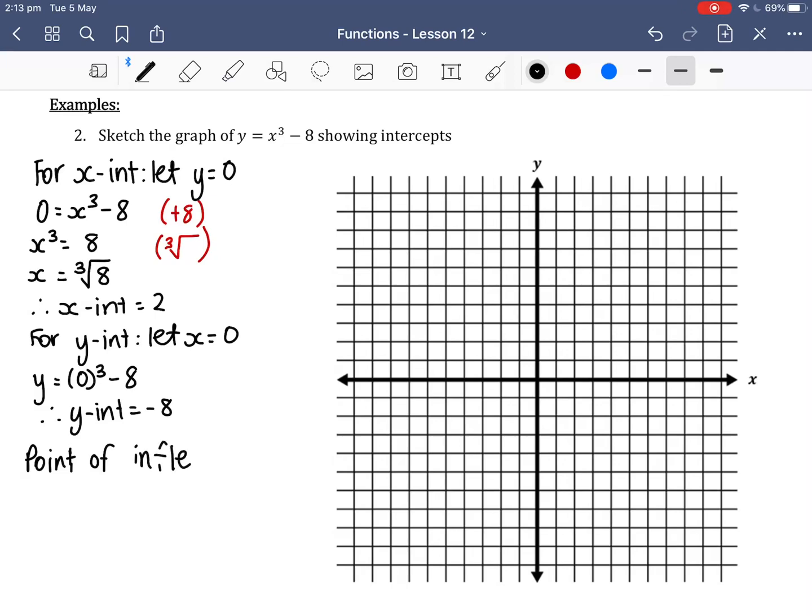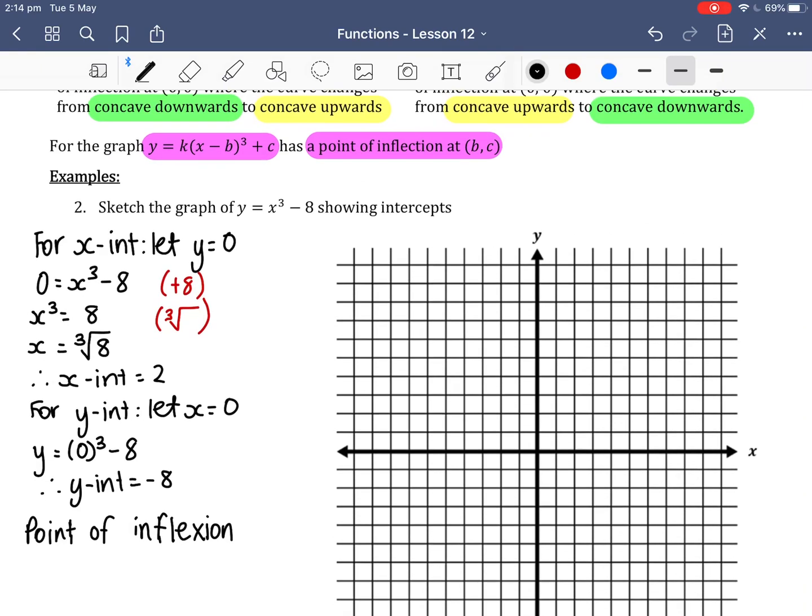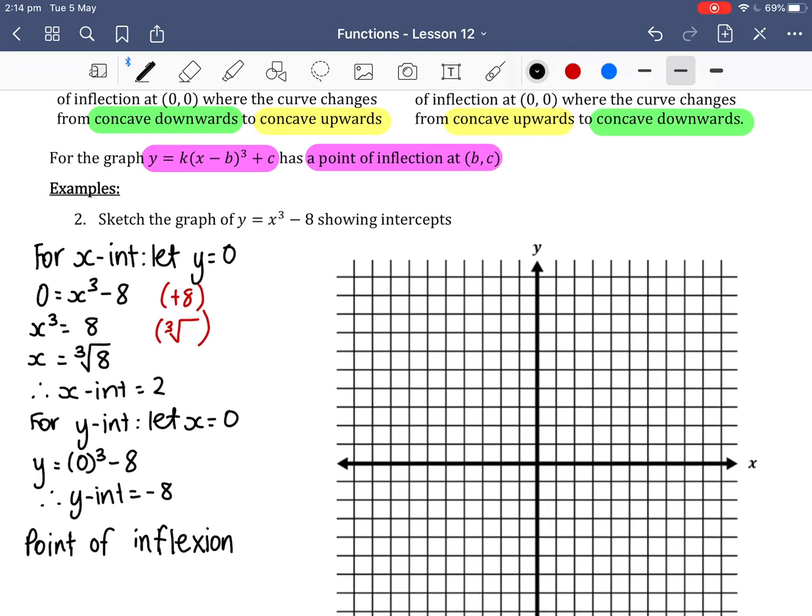How we find out where this is going to occur is that we need to look at what equation we have been given. So we have been given y equals x cubed minus 8. Now this isn't in the form of y equals kx cubed. It is of the form, however, y equals k(x minus b) cubed plus c.